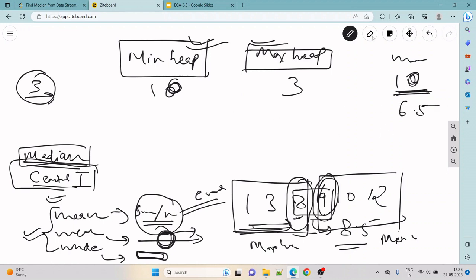Now the next number comes out to be 12. 12 is greater than the current median, so it goes to the min heap and resides here.